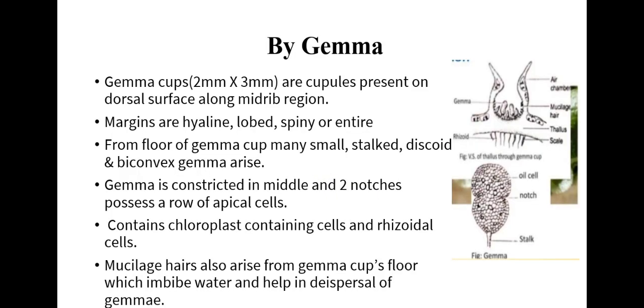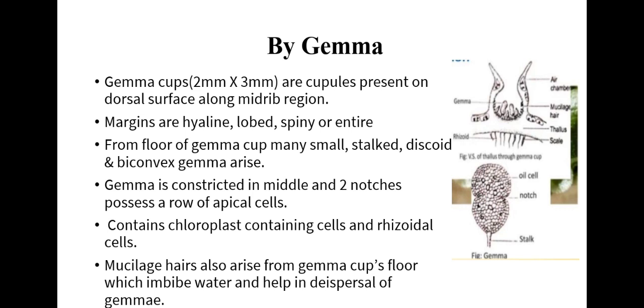Next is gemmae. Gemma cups, 2 mm wide, are receptacles present on the dorsal surface along the midrib region, as you can see in this diagram.